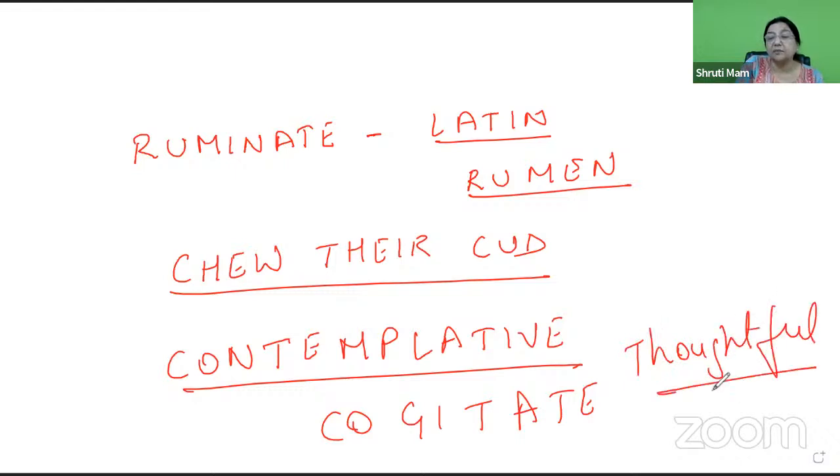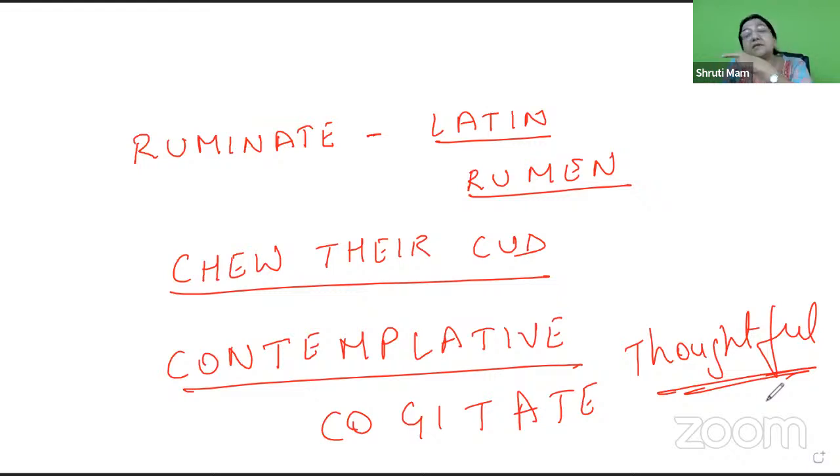Okay? So the author can be thinking, chewing his cud. He is thinking about what should be done. He is into deep thought, contemplating something, a solution, contemplating a problem, or he is cogitating, thinking hard on something, ruminating. Clear? It is ruminating.